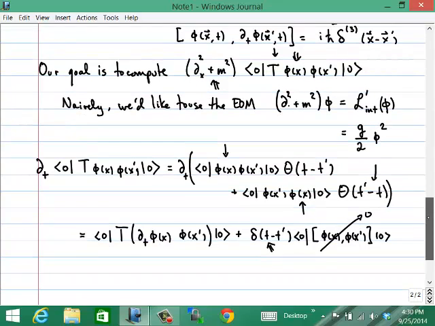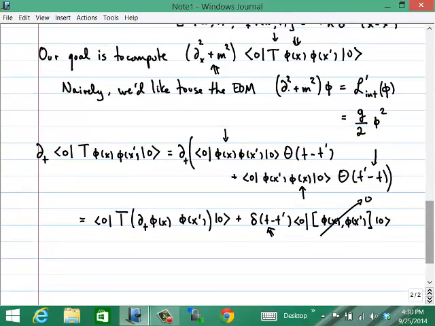So we see that when taking a single derivative here, there's not too much subtle that goes on. You can just pass the derivative straight through this time ordering symbol. Okay. However, we're interested in taking two time derivatives in order to compute this operator up here. Okay. So let's do another time derivative.